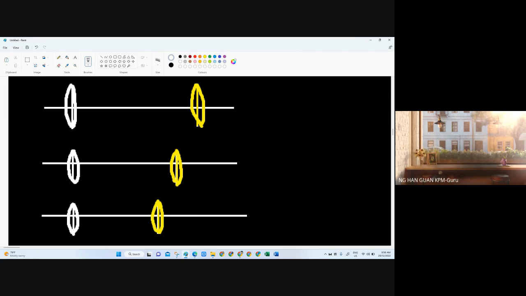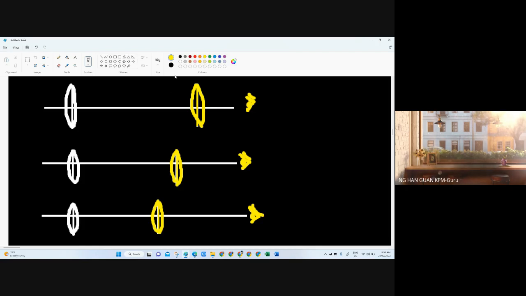Okay, so we have the two lenses here. Let's say on the left-hand side is the objective lens, and our eyes are here. The yellow color is the eyepiece lens, and the white color is the objective lens. For those making your own notes, you can label like this.